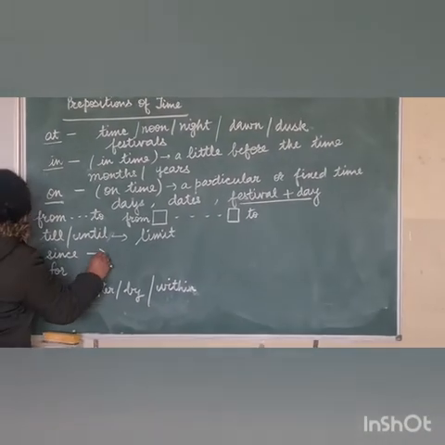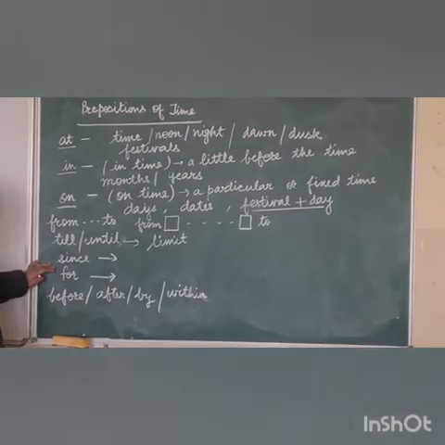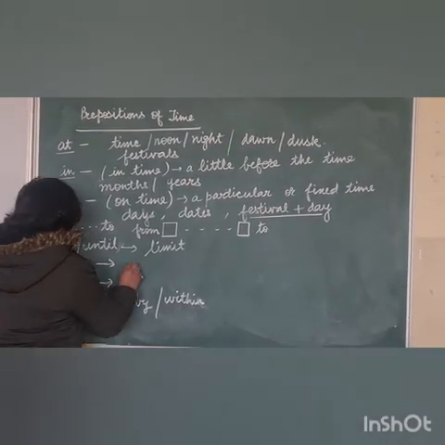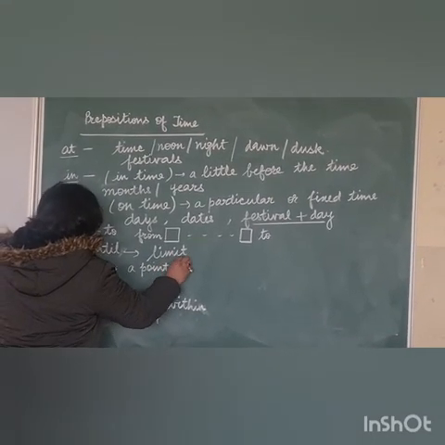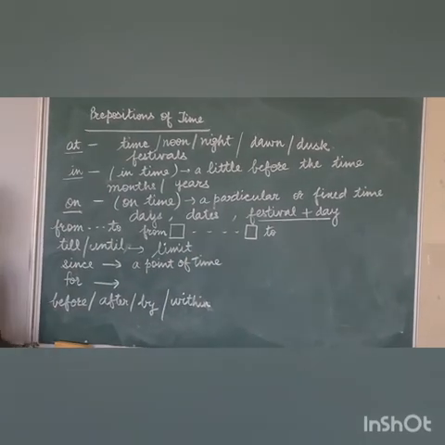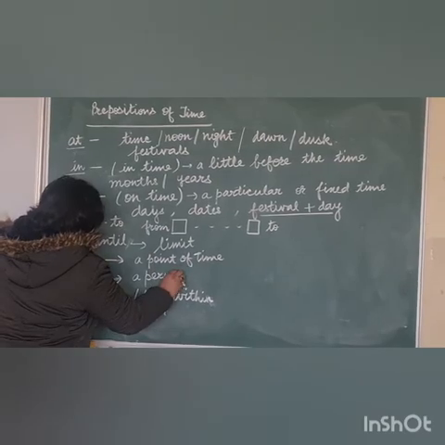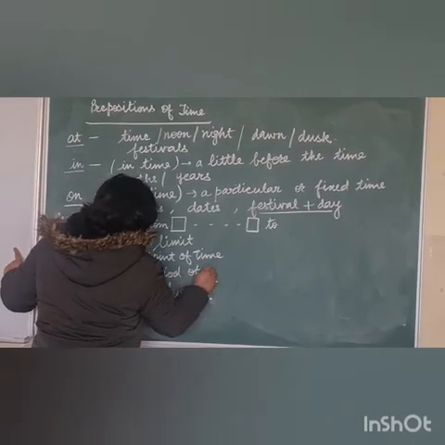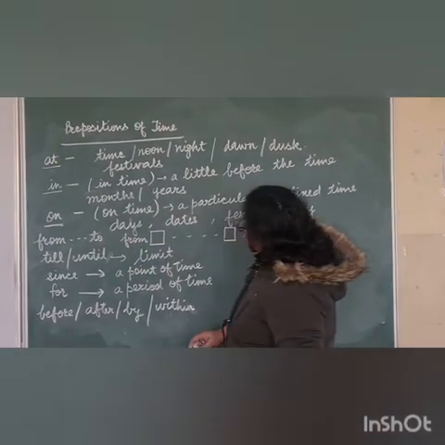Since and for, these are also used in perfect and perfect continuous tense. And since is used to indicate a point of time. किसी टाइम के पॉइंट को इंडिकेट करने के लिए since का यूज करते हैं. And for is used to indicate a period of time. See the examples.